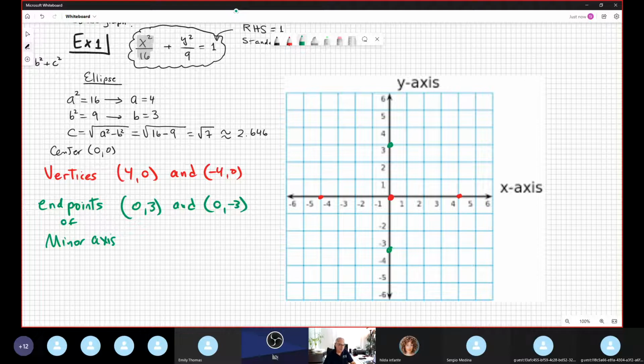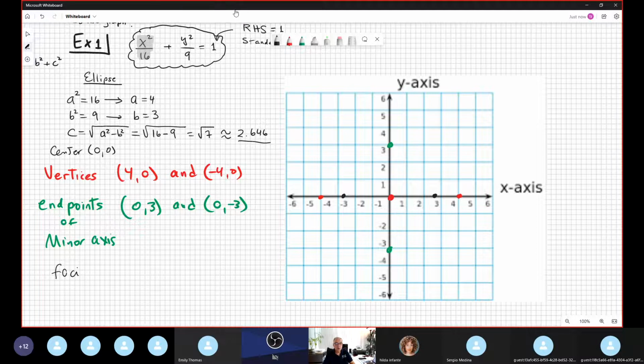However, we have the information about foci. Very important, very important. Foci always is located on the major axis. At what distance? And this distance is 2.6 something. Using my imagination, 2.6 is approximately here. It's one foci, negative 2.6 is another foci.